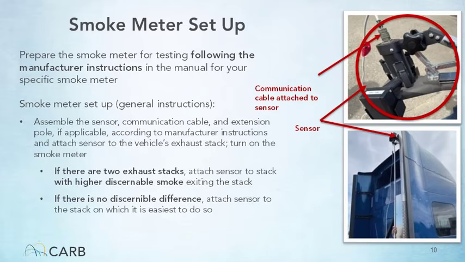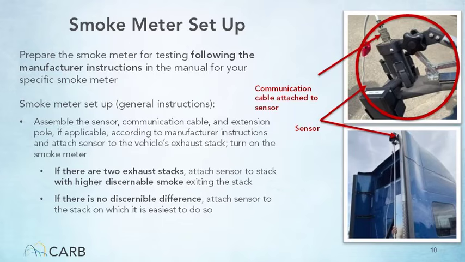To set up the smoke meter for the smoke opacity test, you need to follow the manufacturer instructions in the manual for your specific smoke meter, as well as some general instructions that apply to most of the smoke meters. Here are some of these general smoke meter setup instructions to follow. 1. Assemble the sensor, communication cable, and extension pole if applicable, according to manufacturer instructions, and attach sensor to the vehicle's exhaust stack.